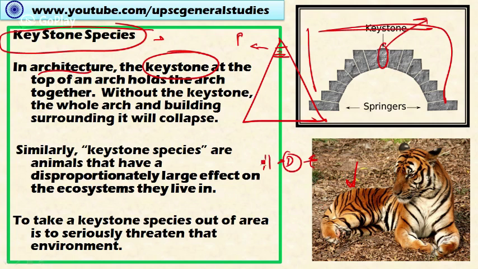This multiplication of herbivores may bring the ecosystem to collapse because it may not provide proper time for the regeneration of forest plant species, in the absence of the predator. So to maintain the balance of the forest ecosystem, top predators are essential. The tiger is a top predator and also a keystone species, so we need to conserve the tiger in order to maintain the ecological balance. This is the concept of keystone species.